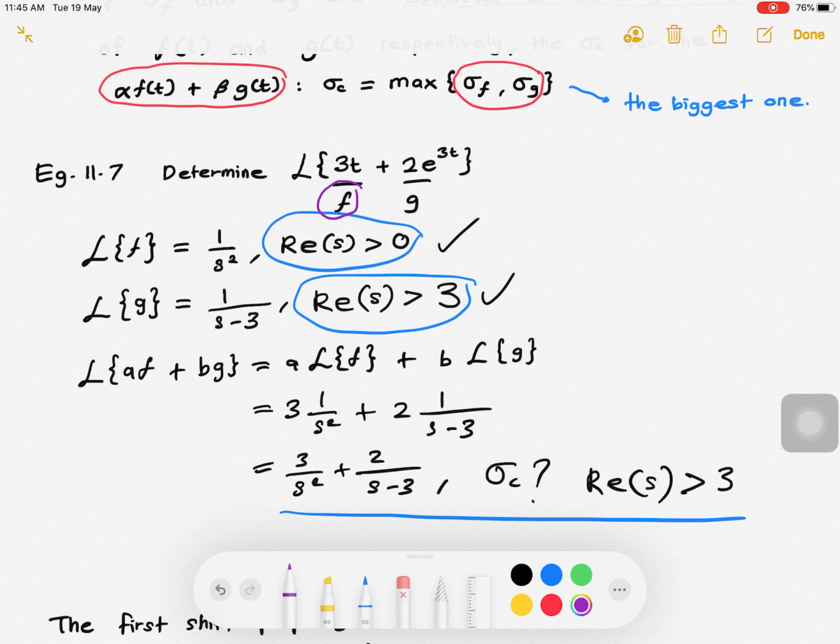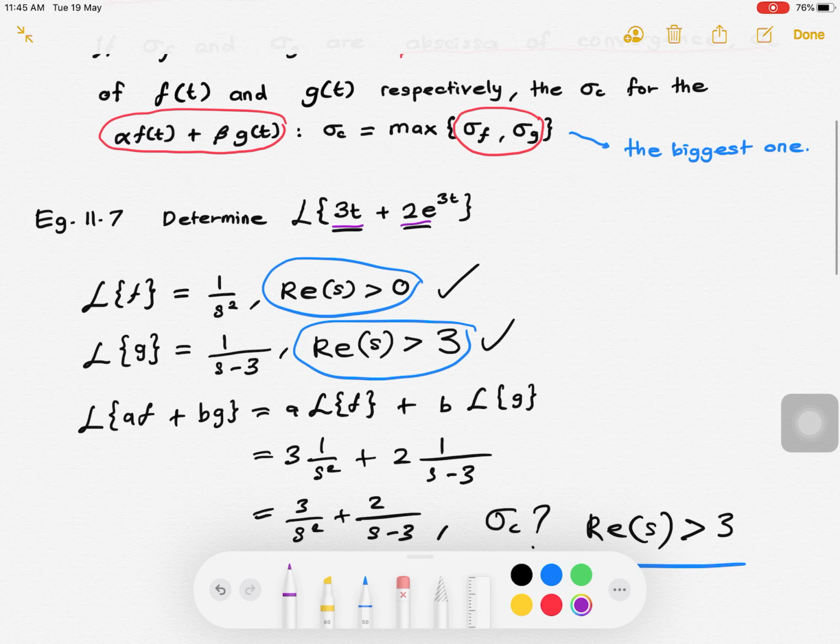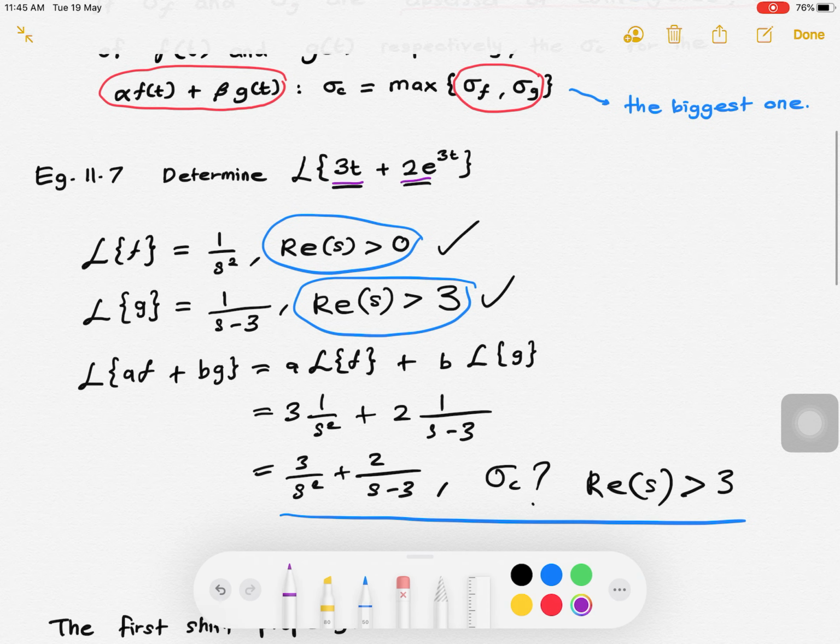This is the f function, this is the g function. So we have 2 functions, 3t and 2 exponential 3t. How do we solve this type of equation? We transform this function by transforming each one individually.